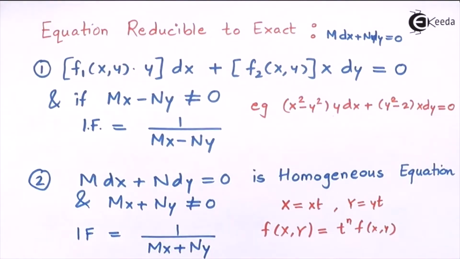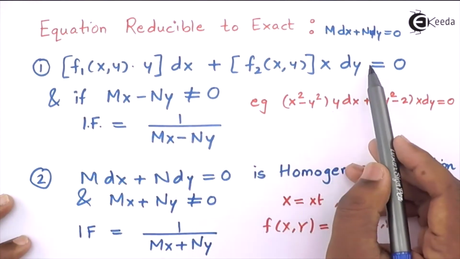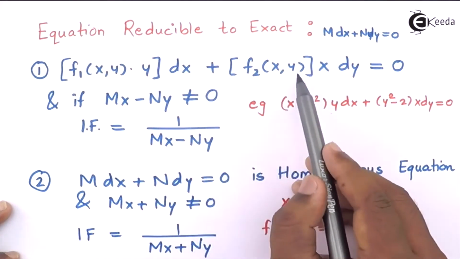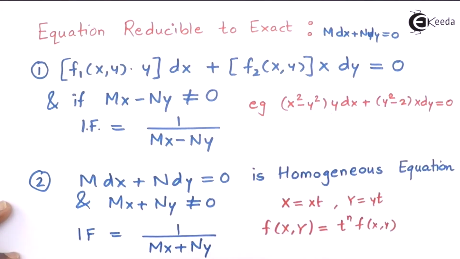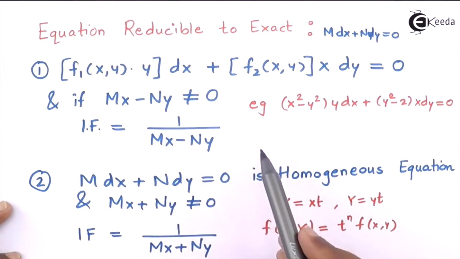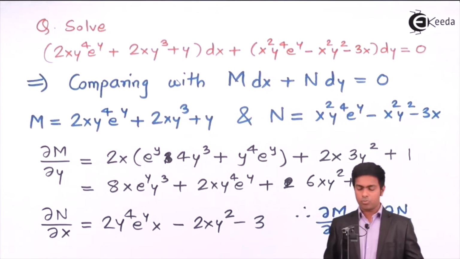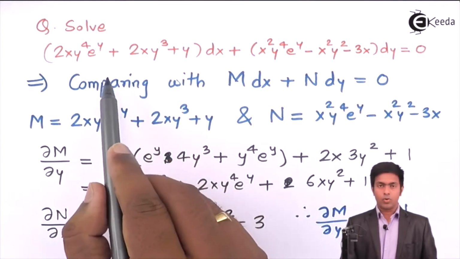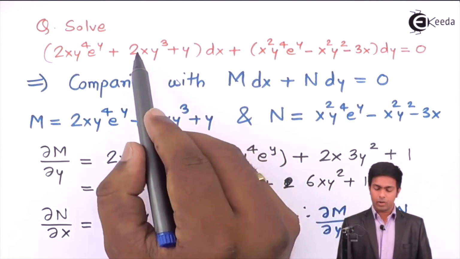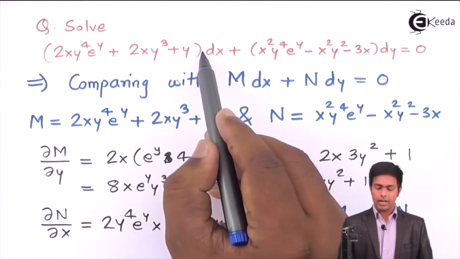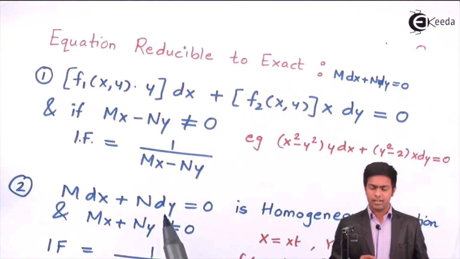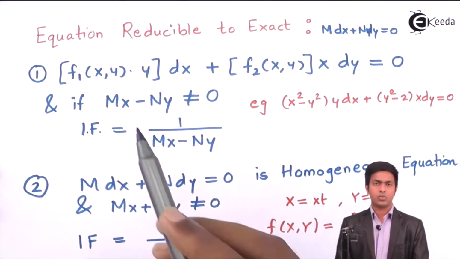So guys, this is method 1, where we say if the equation is in this form, that is f1(x,y) y dx plus f2(x,y) x dy equal to 0, then we can reduce it to exact by finding the integrating factor like this. So let's observe here. From this equation, I can take y common and I'll get y dx here, and whatever remains in the bracket is my f1(x,y).